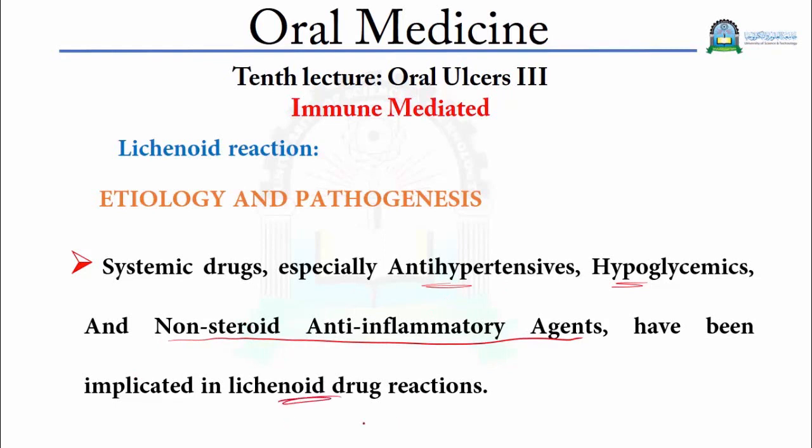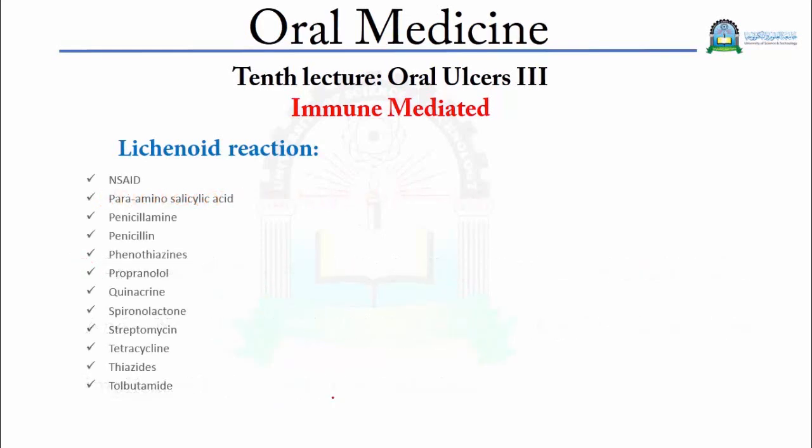So the drugs which have been found to be implicated in the development of lichenoid reactions are the antihypertensive drugs for treatment of hypertension and the hypoglycemics, which are used for treatment of diabetic patients, as well as the non-steroidal anti-inflammatory drugs. These analgesics also have been implicated in the development of the lichenoid drug reaction.